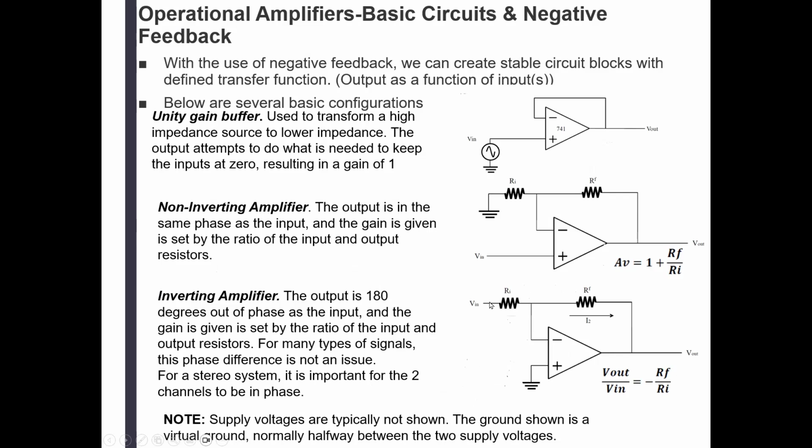So if you have 1 volt on the input, on the output you're going to have 1 volt times the result of this division, which is the gain. This division gives us the gain, so the output is the input times the gain.